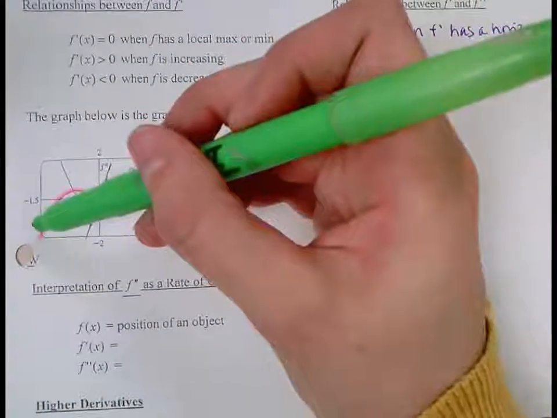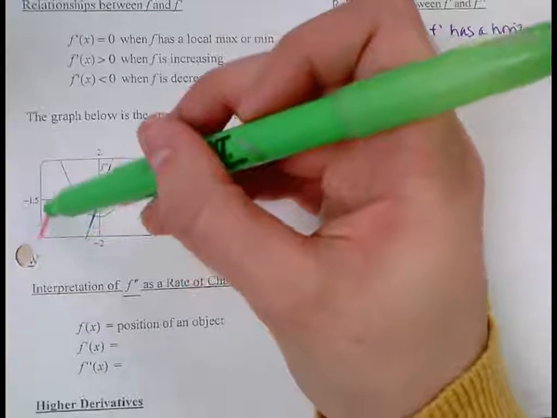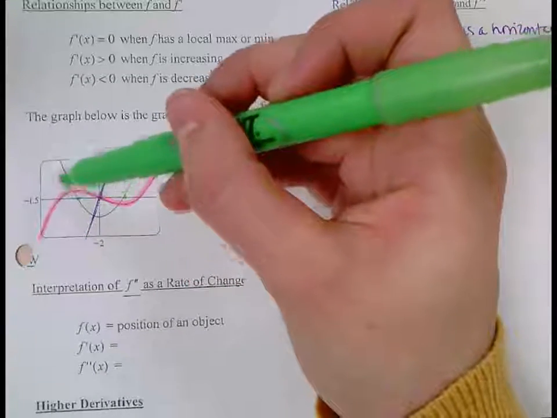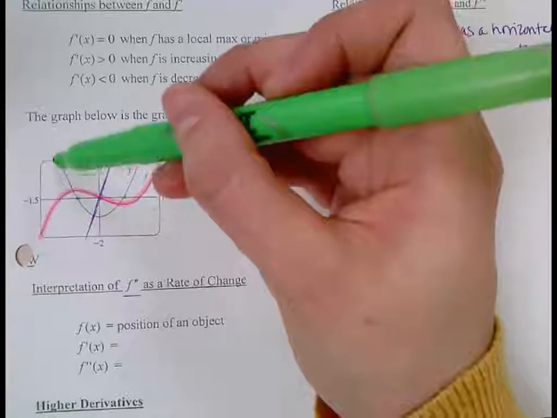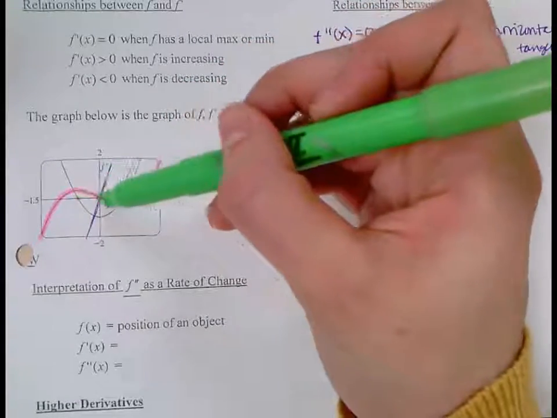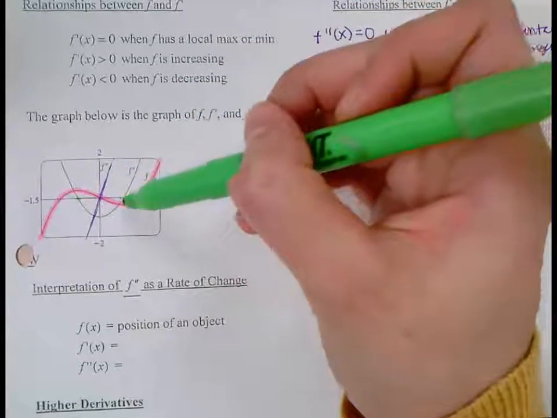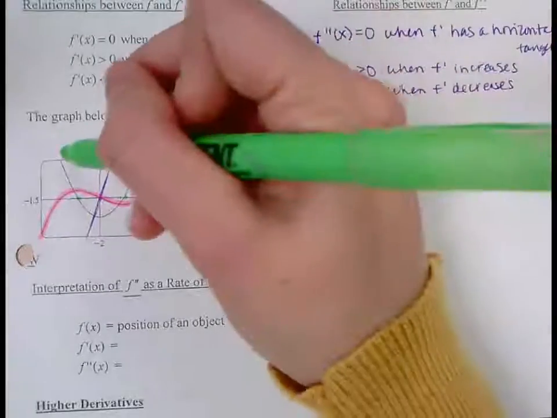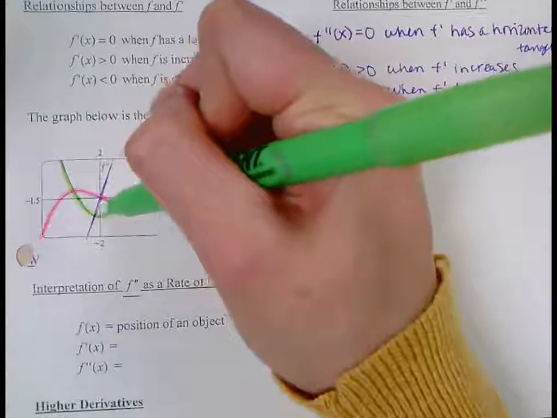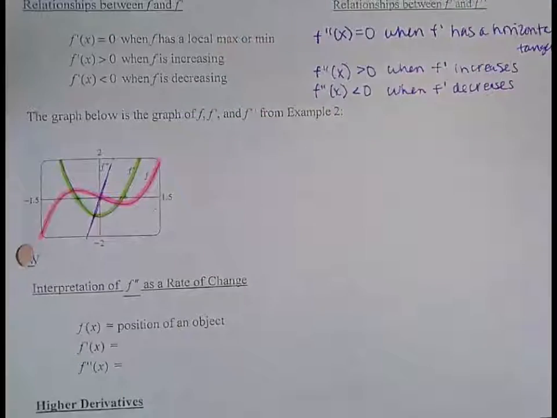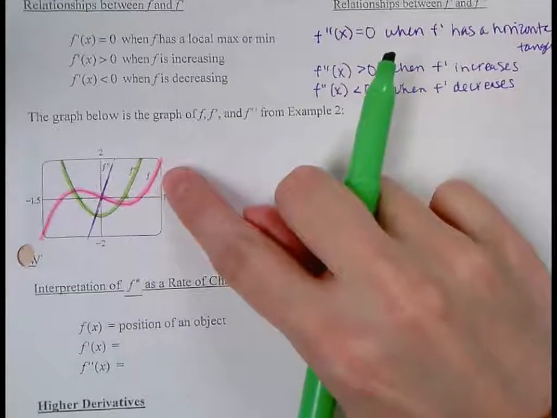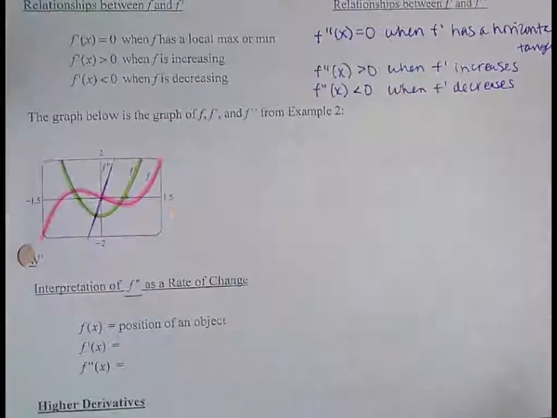And then where f increases, you can see f prime is positive. Where f decreases, it's negative, and then it increases again, so it's positive again. And you get a parabola. So f was a cubic function. f prime is now a quadratic function. So with polynomials, we did go down that 1 degree.